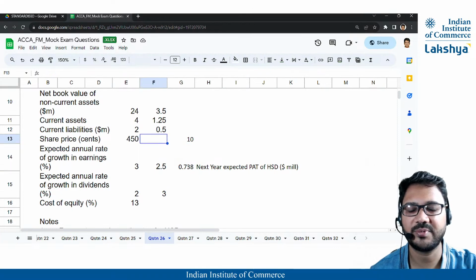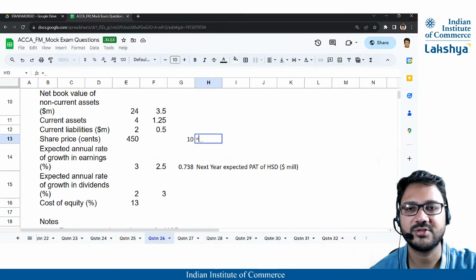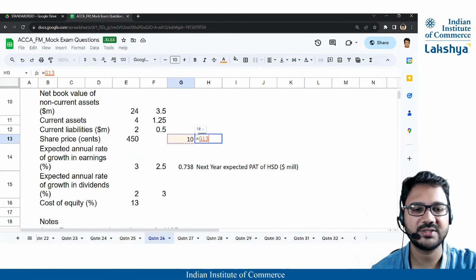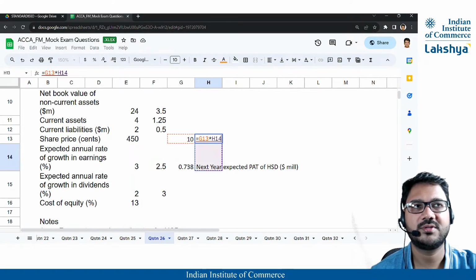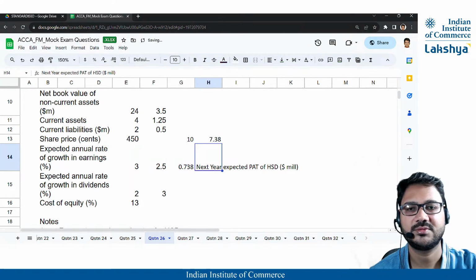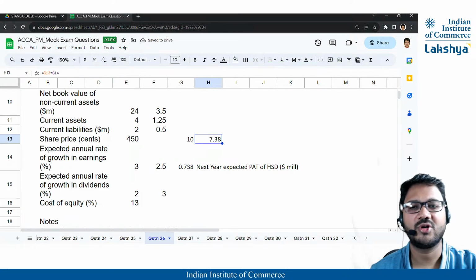So the ideal valuation, if we assume 10 times the PAT or earnings of 0.738 million, is $7.38 million.